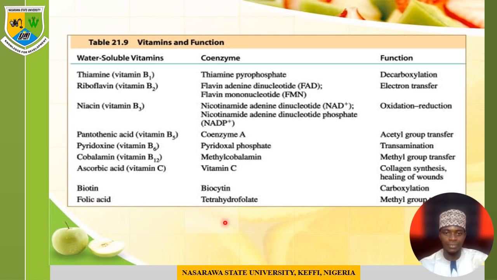Biotin serves as precursor for biocytin, which is involved in carboxylation reaction. This biotin is vitamin B7, whereas folic acid is vitamin B9. It serves as precursor for tetrahydrofolate. This one is also involved in methyl group transfer, which is very important in DNA synthesis.